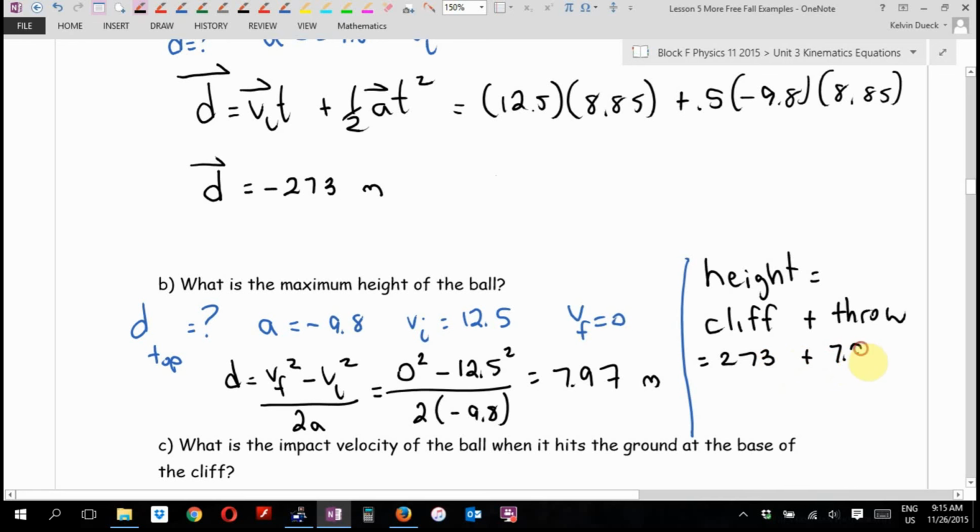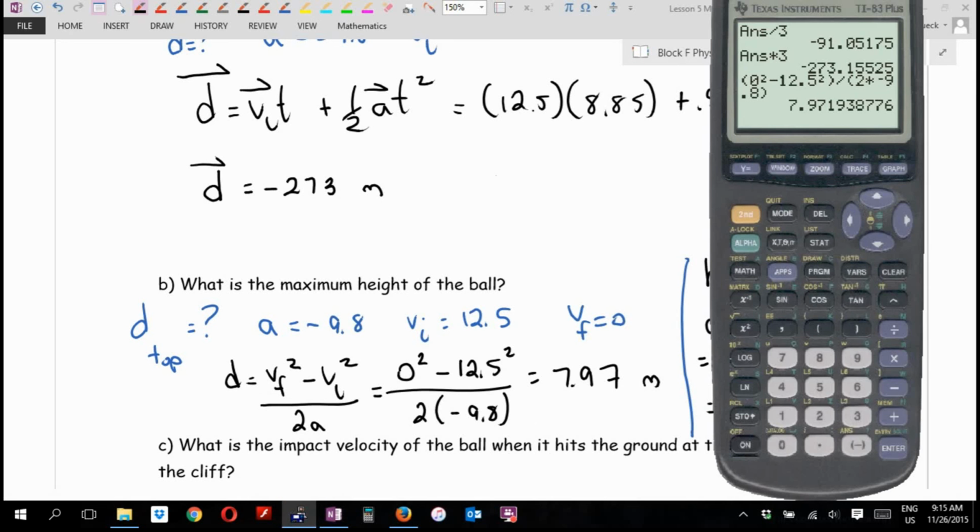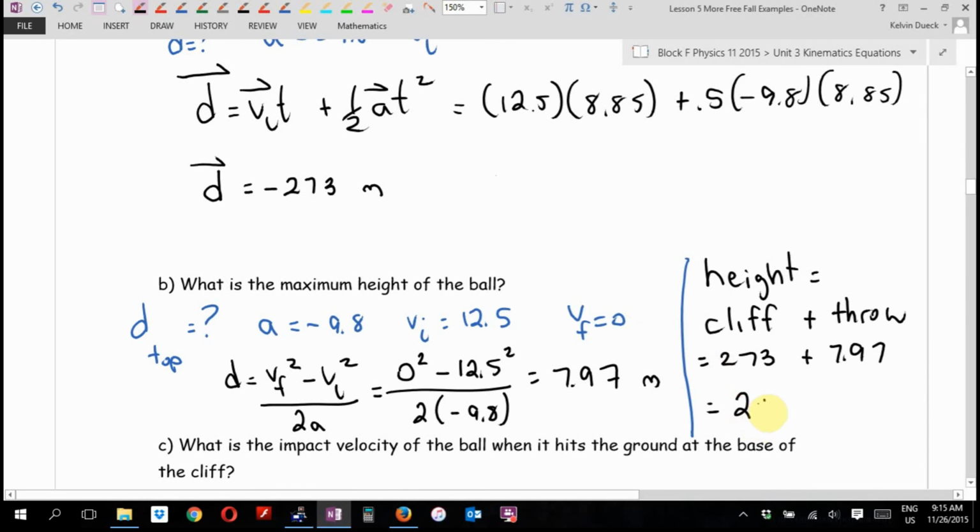Plus 7.97. So I'm going to add 273 to this. I'll call it 281. That's how high off the ground it was. Is that okay? I like that question.